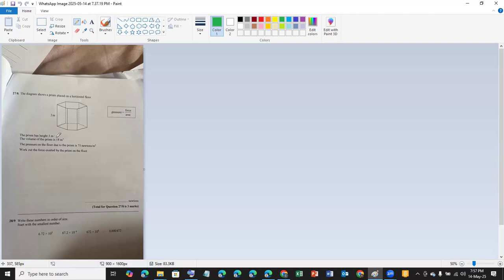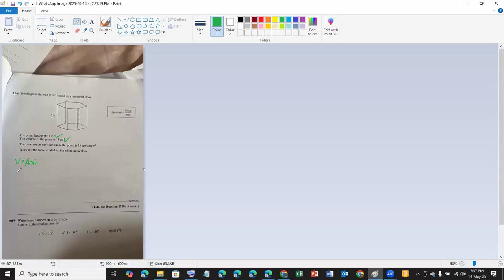The volume, okay? Remember, height and volume play nicely. How do I know? Because volume is always given by what? Area of the base times what? Times the height, isn't it? I hope you remember that formula. Excellent. So now that we have this settled, they told us that the volume of the prism is 18.